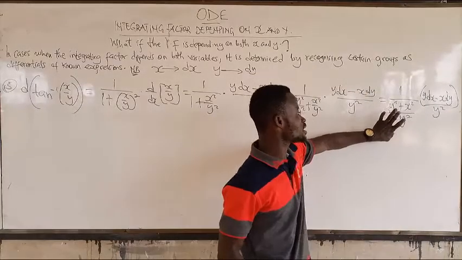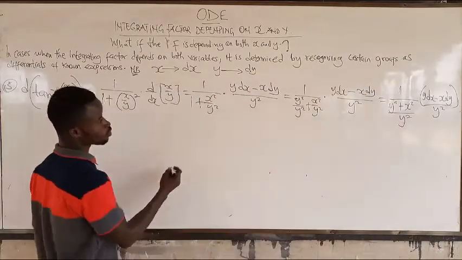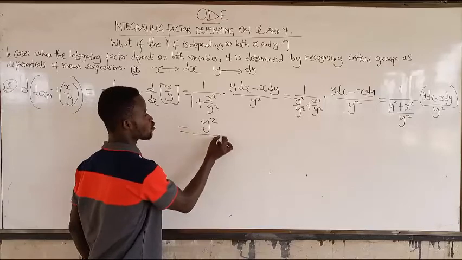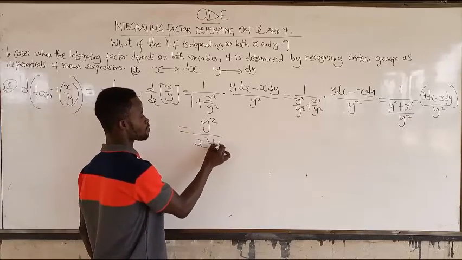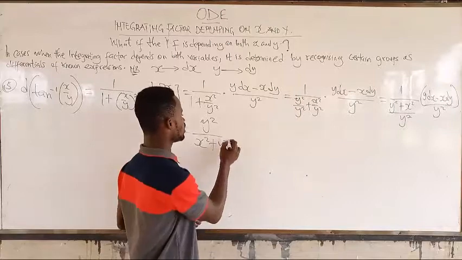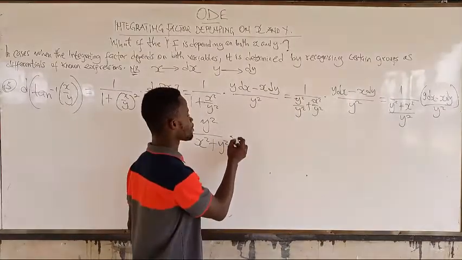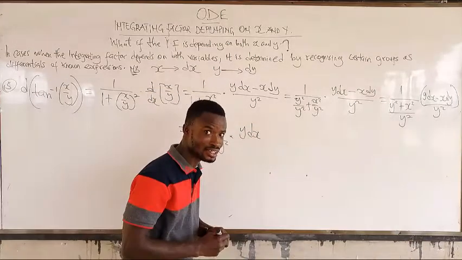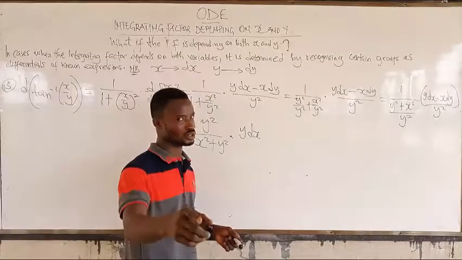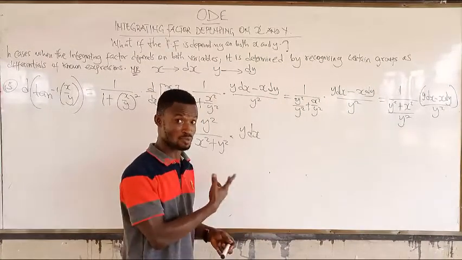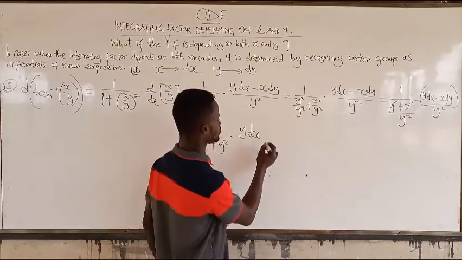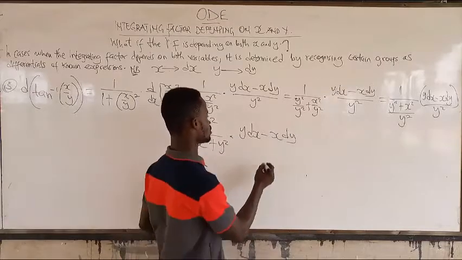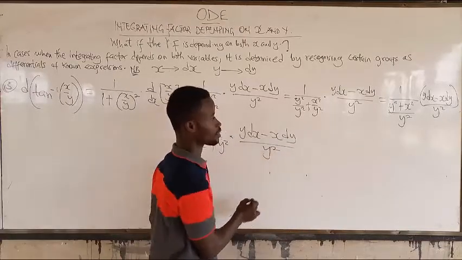Now, this is going to be the inverse of that. So we continue. We are going to get y squared over x squared plus y squared, then it's going to multiply y dx minus x dy, all this over y squared.